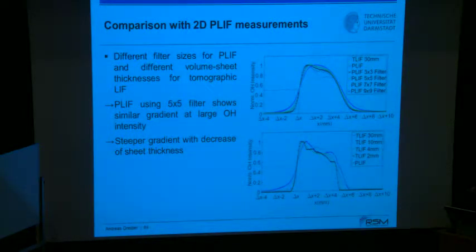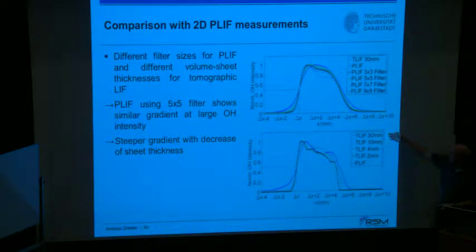And then you can see that with the 5x5 millimeter, the green line, you can at least for the high intensities reconstruct the tomographic PLIF reasonably well. So you get an idea about the corresponding resolution you would have in PLIF when doing this reconstruction with 30 millimeters illumination.